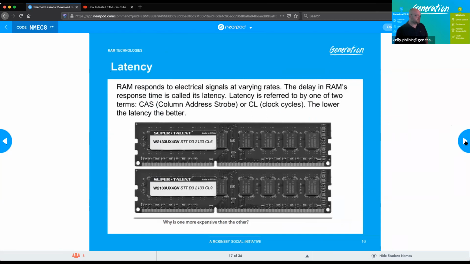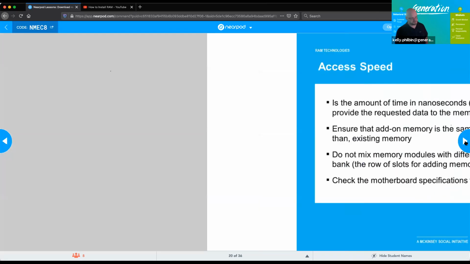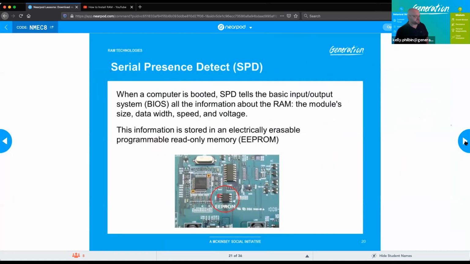Every single RAM chip has this, because it's what tells the computer what it's working with. It's basically just a little piece on there that says, hey, here's my specs, here's who I am. Any questions with regards to SPD?